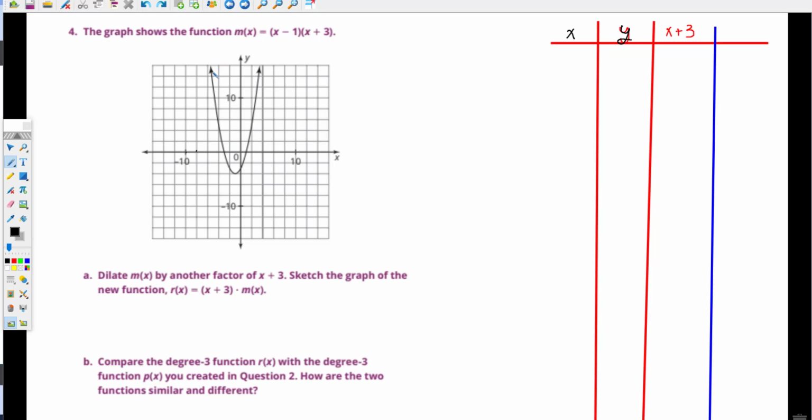And so let's look and see if we can find some good locations. Let me erase this real quick.